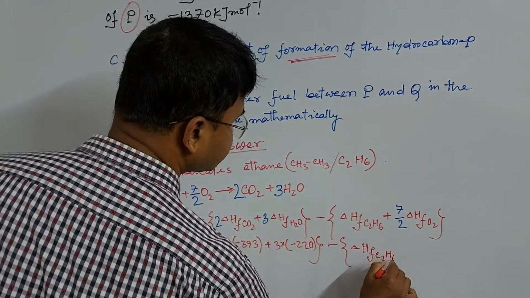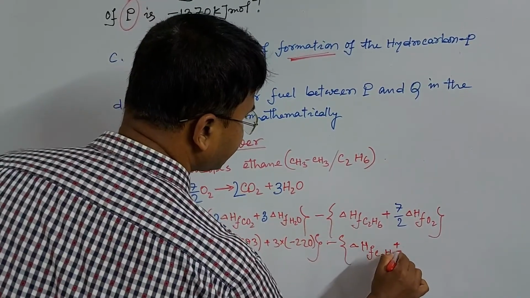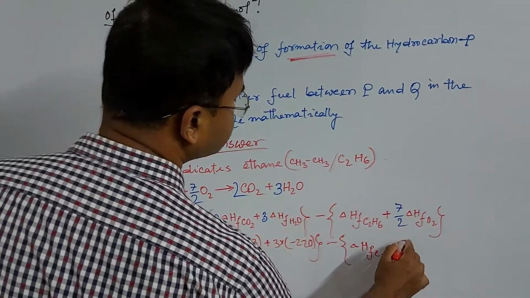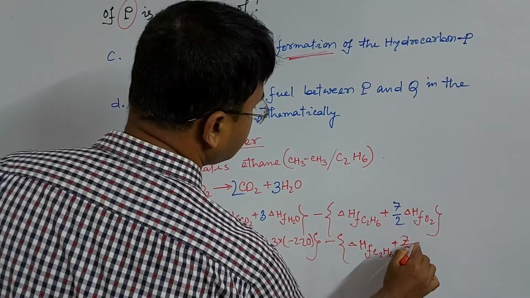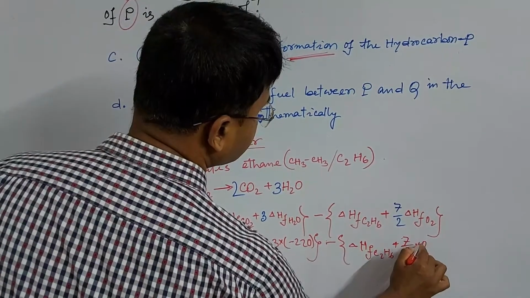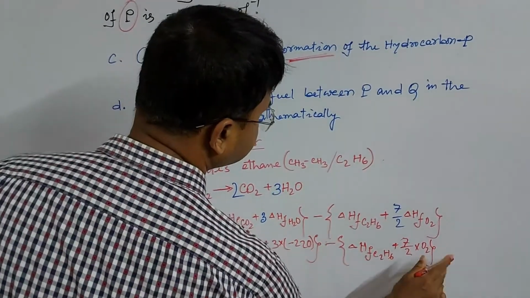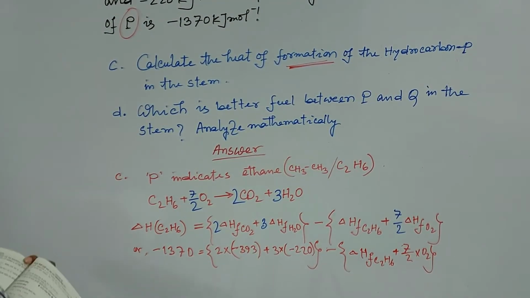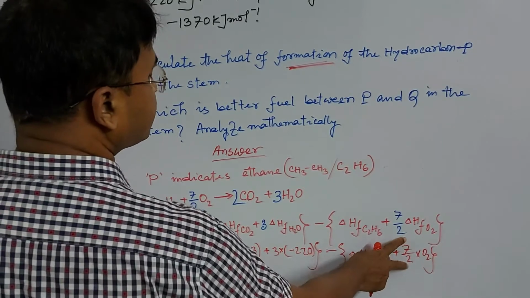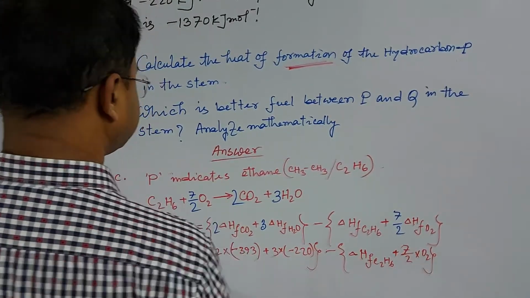And my dear students, the heat of formation or heat of combustion of oxygen is always 0, because oxygen itself does not take part in the combustion reaction, but it helps to burn anything. That's why the heat of formation or heat of combustion of oxygen is zero.